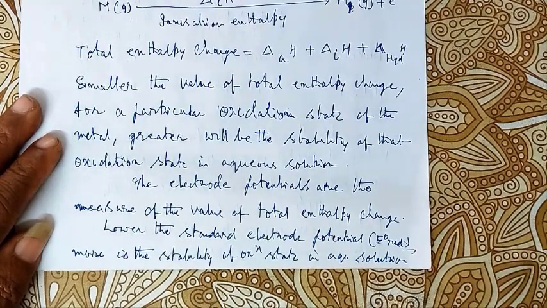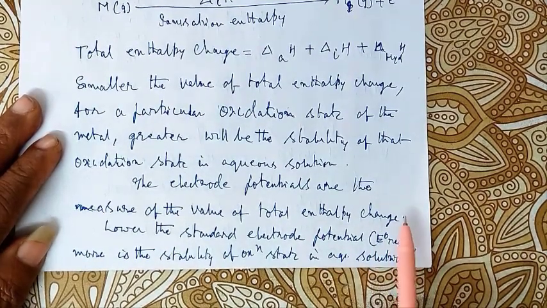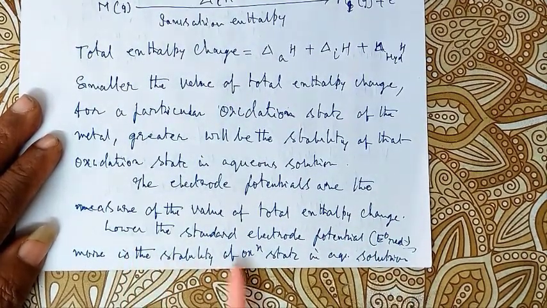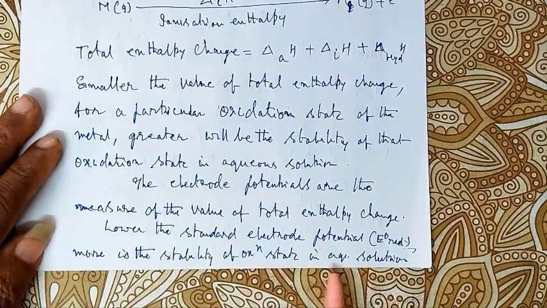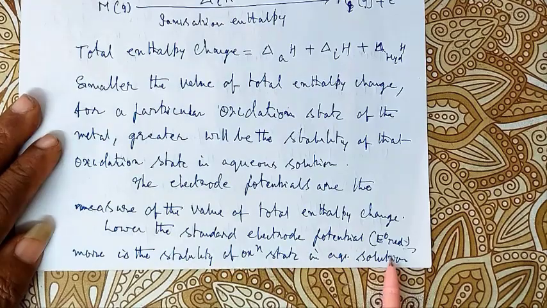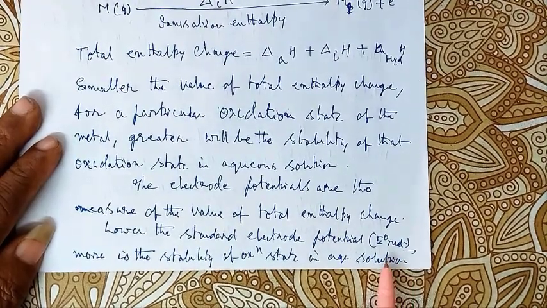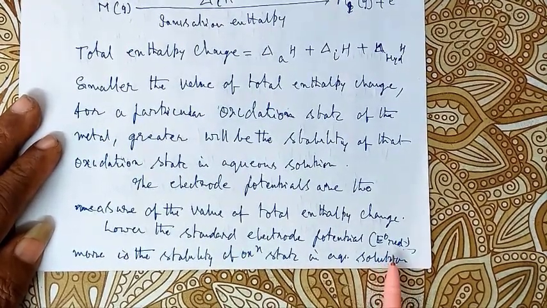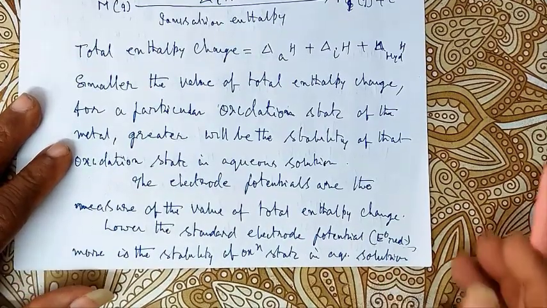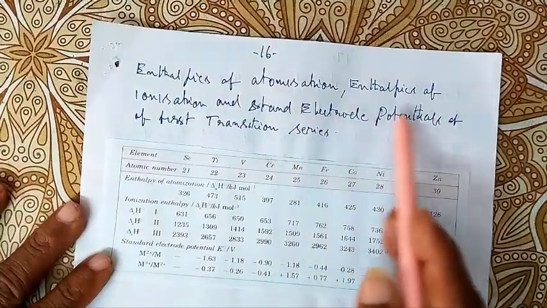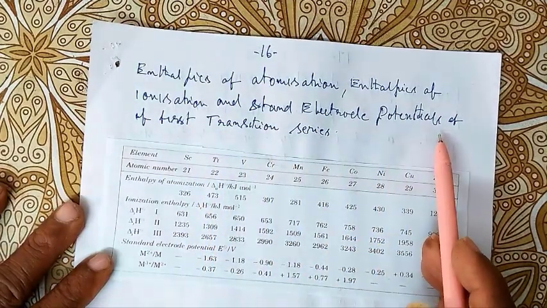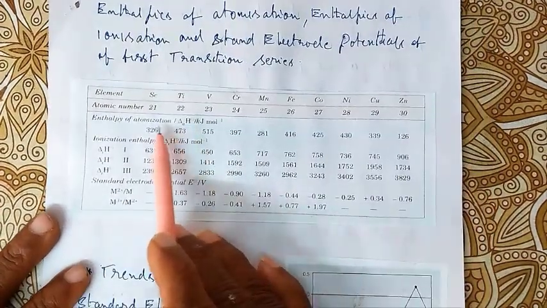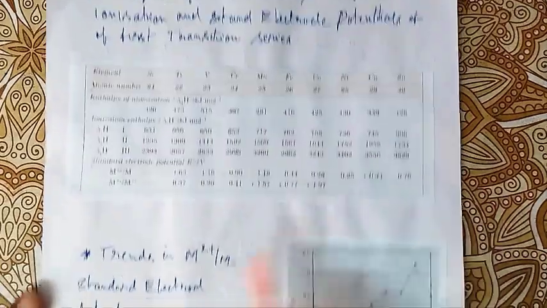Lower the standard electrode potential, more is the stability of the oxidation state in aqueous solution. That means if the oxidation potential is less, the stability of a particular oxidation state in solution is more. The enthalpies of atomization, enthalpies of ionization and electrode potentials of the first transition series are given here.